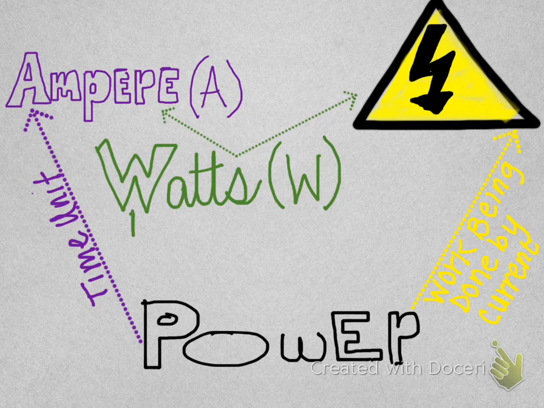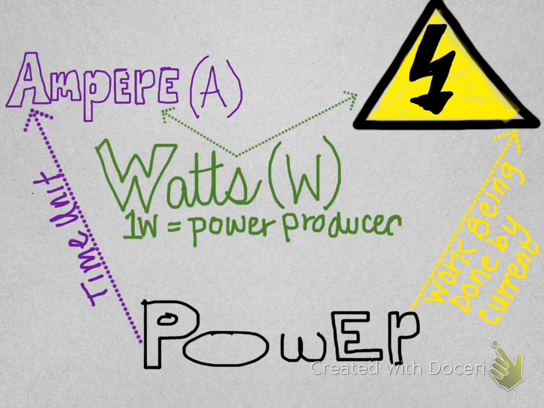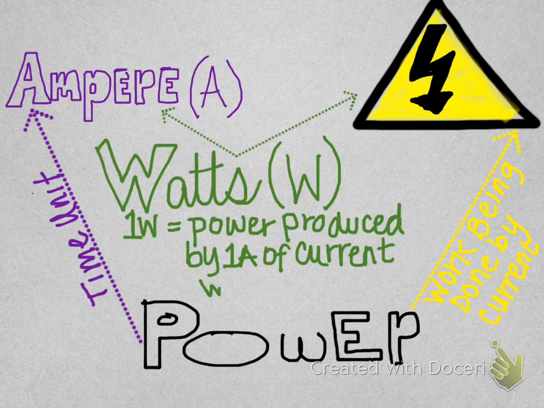Power overall is expressed in watts, and 1 watt is equal to the amount of power produced by 1 ampere of current. So we can see how the two concepts are interrelated.